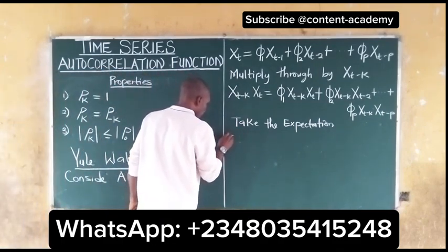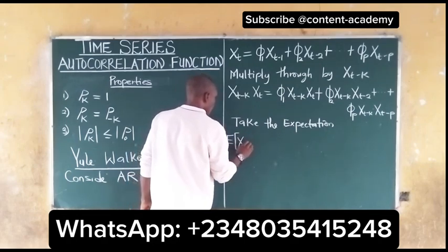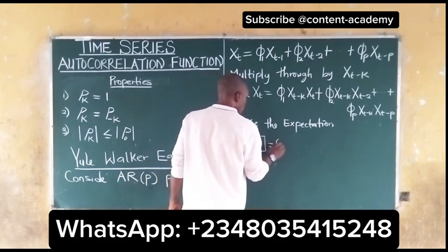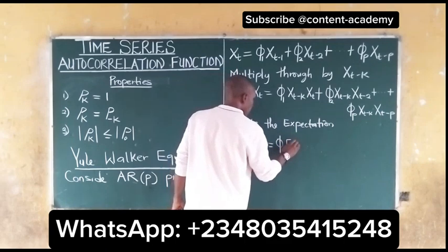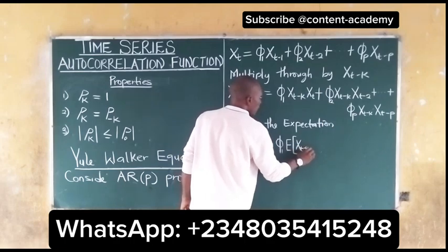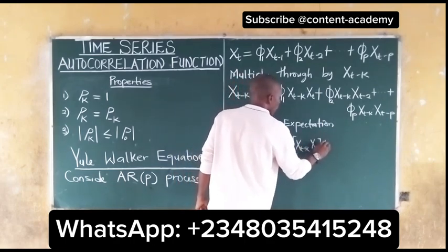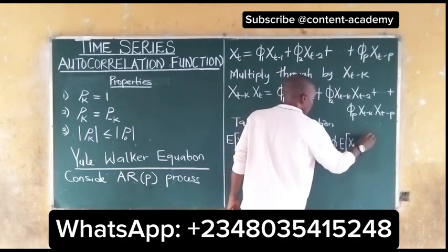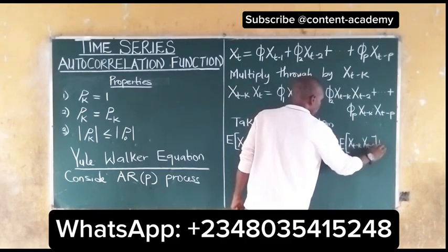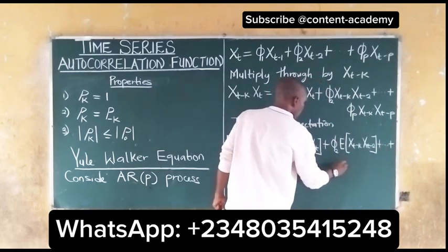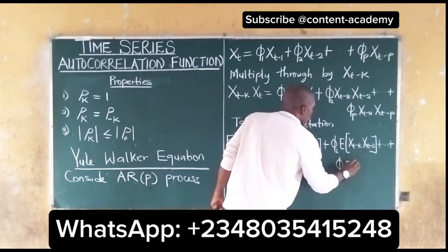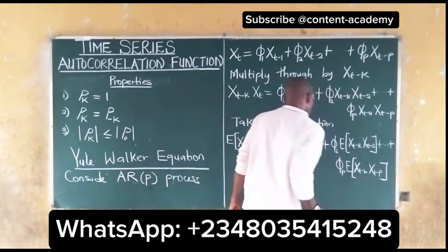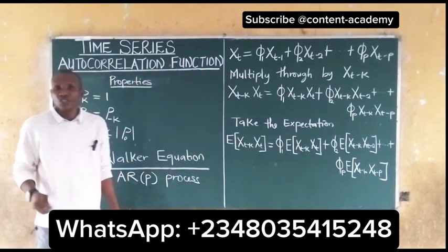So we can write it as: the expectation of x t minus k xt is equal to, phi 1 is a constant, so phi 1 times the expectation of x t minus k x t minus 1, plus phi 2 times the expectation of x t minus k x t minus 2, plus phi p times the expectation of x t minus k x t minus p. This is what we get.